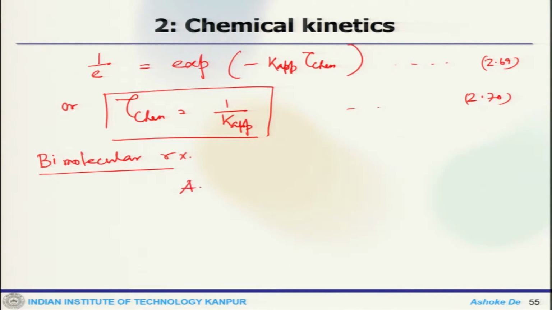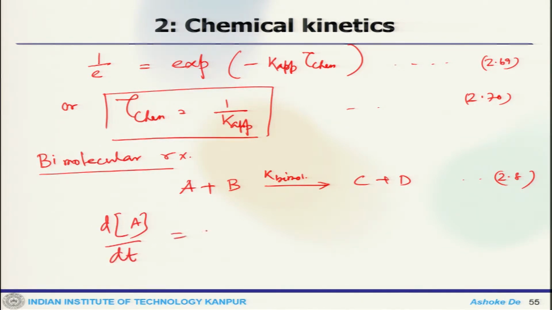Here we have A plus B forms C plus D. This is what we have taken earlier, and that would have a bimolecular rate coefficient K. If you try to find out dA by dt, it will be K bimolecular times A and B, which is 2.9. So, this is already for a bimolecular reaction that we have seen.